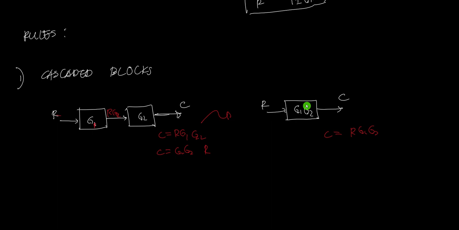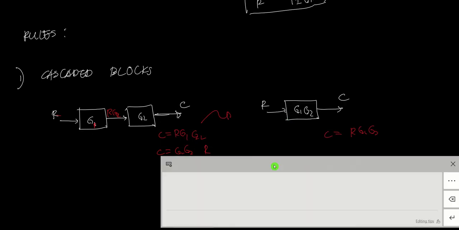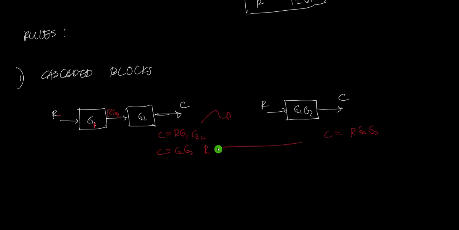G1 times G2 is the forward transfer function, G. If you look at them, they are just the same thing. So, in conclusion, they are the same block diagram. They represent the same thing also.